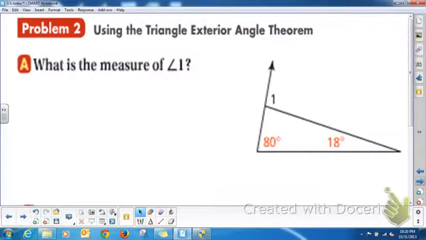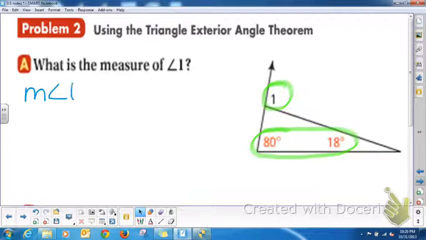Let's use that. So using the triangle exterior angle theorem, let's find the measure of angle 1. Angle 1, the exterior angle, is equal to the sum of the two non-adjacent interior angles. So in this case, the measure of angle 1 would equal 80 plus 18.